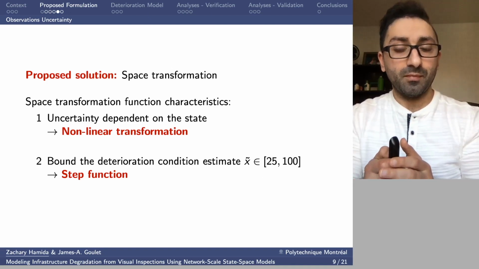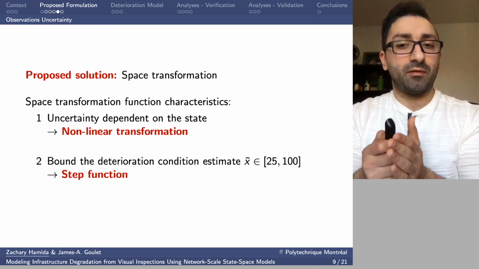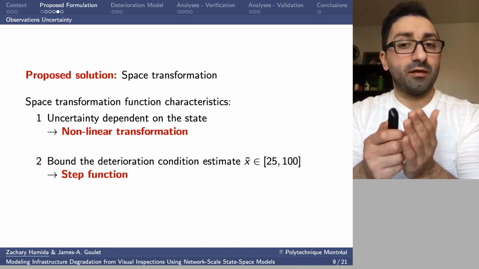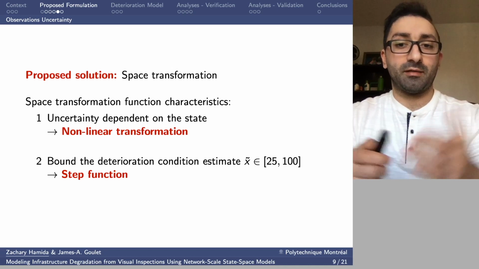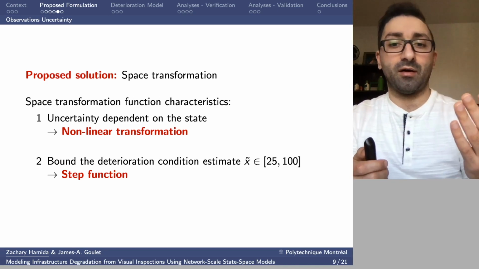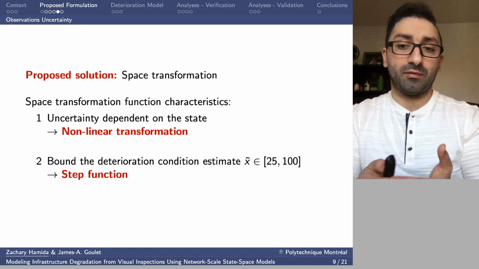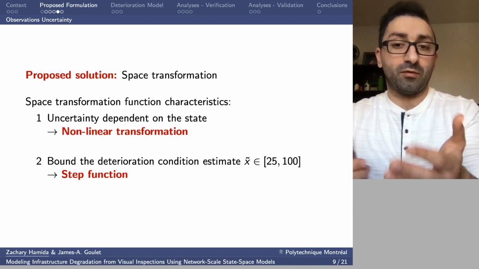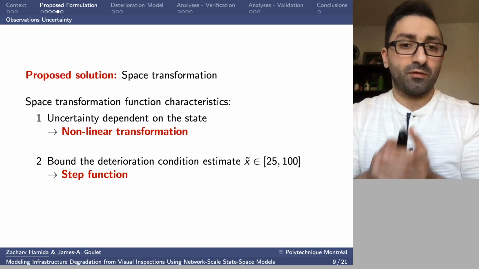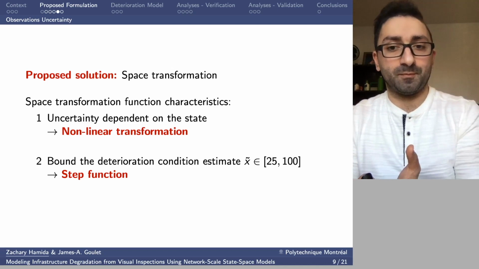So I can't see my model providing me with a deterioration condition estimate of 110, while I know that the condition should never exceed 100, and the same thing for the 25. I never expect my model to provide a value less than 25. So that's why my transformation function should be a step function.